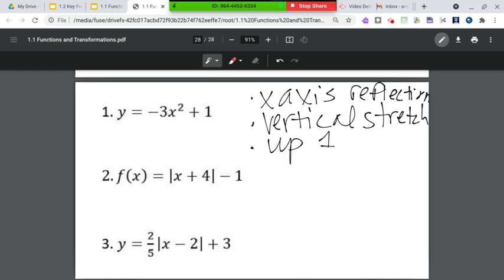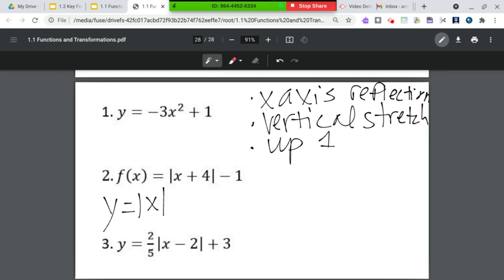Excellent. Okay. Number 2, parent function is your absolute value. What are your shifts here for number 2? We didn't really do the absolute value, so I'm not really sure about that. Okay, so anytime you have something added to x, so it could be inside the absolute value, it could be inside parentheses, it could be under the square root, it could be up in the power of the exponent.